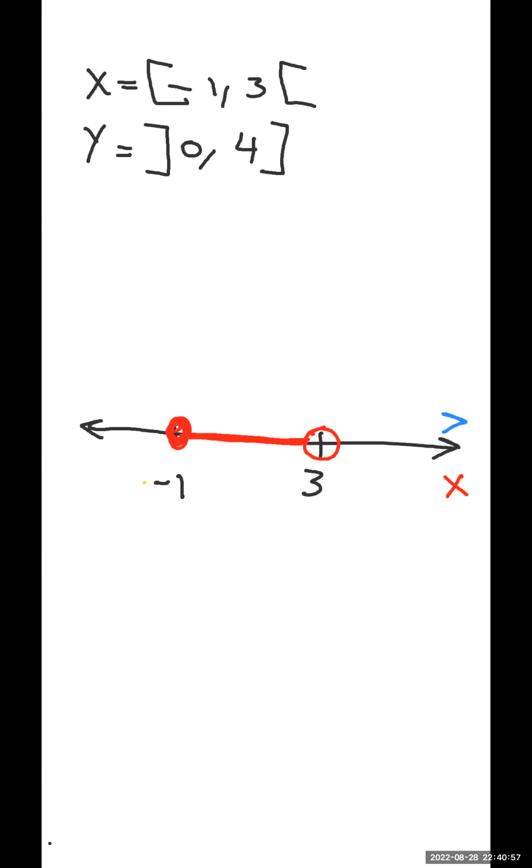Okay. Now the question is to get X complement. X complement means what? I want to complement the interval of X so that it becomes like the universal set. So what are the missing parts from the number line? From the left, here.